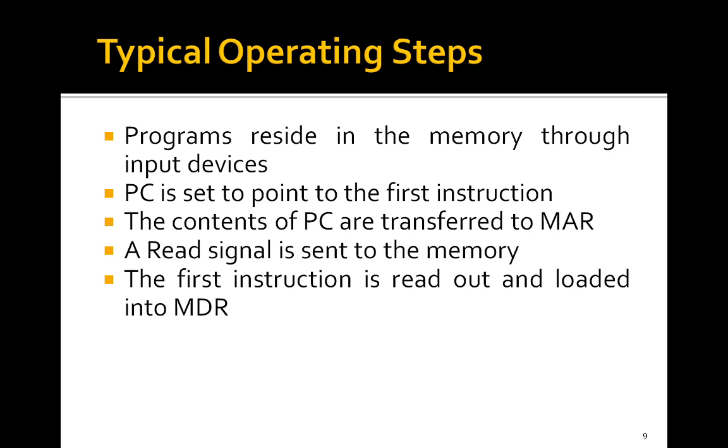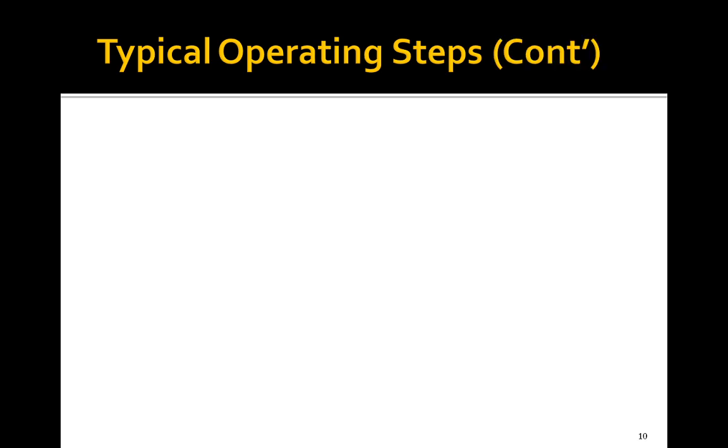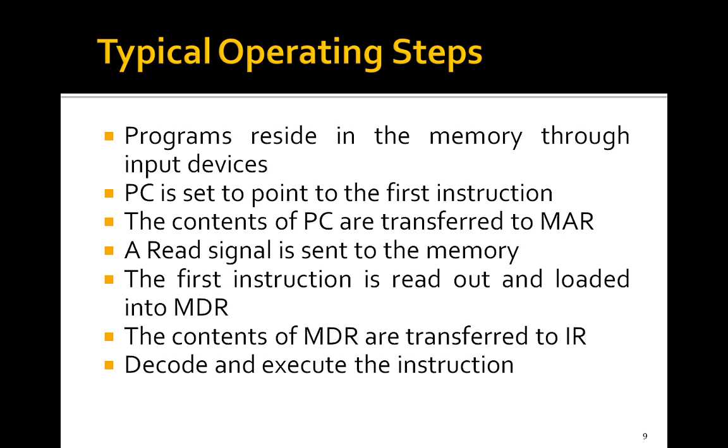So that data will be loaded into MDR. Next, the contents of the MDR will be transferred to IR. IR will hold the instruction that is currently being executed. At this point the instruction is ready to be decoded and executed.